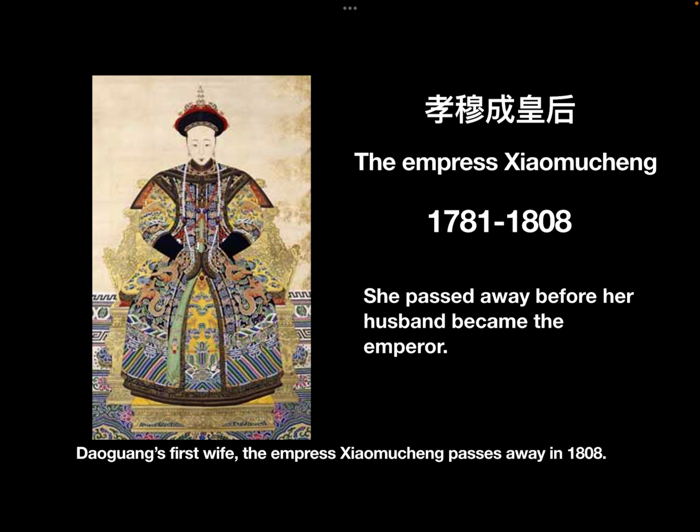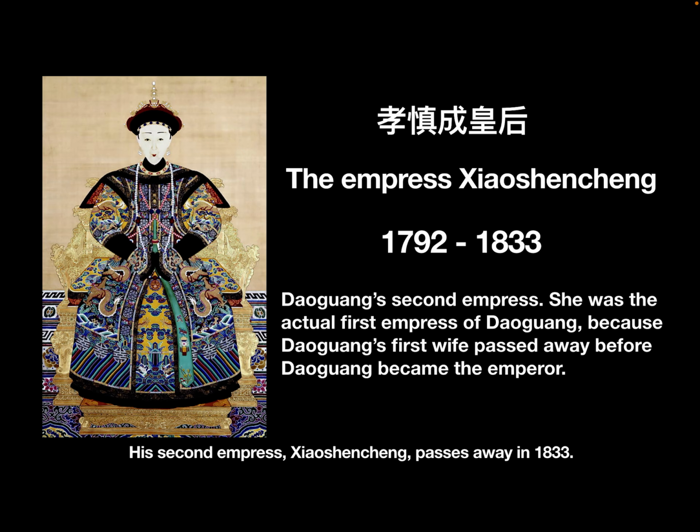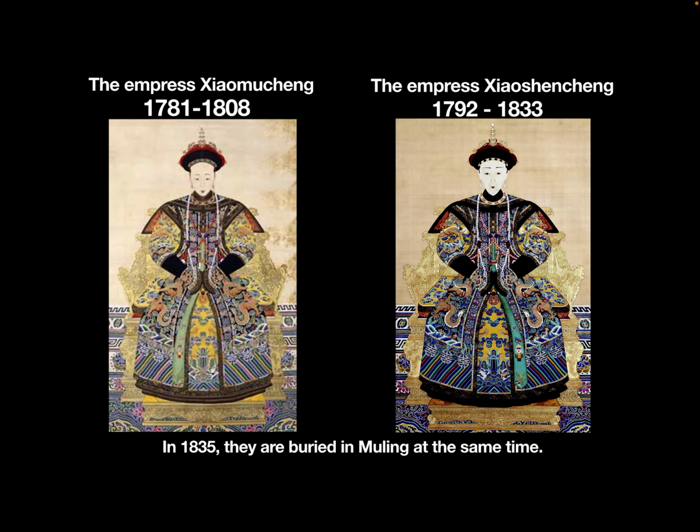Daoguang's first wife, the Empress Xiao Mucheng, passes away in 1808. His second empress, Xiao Shencheng, passes away in 1833. In 1835, they are buried in Muling.